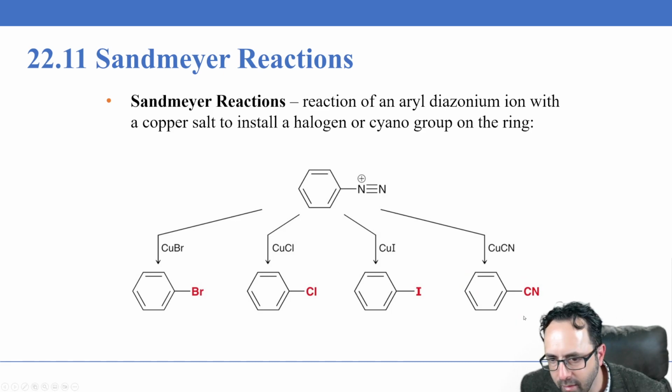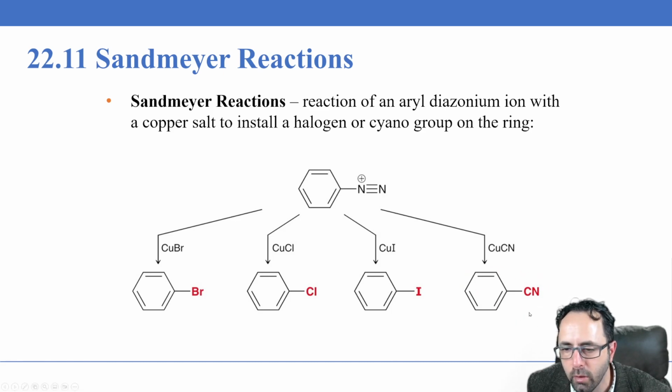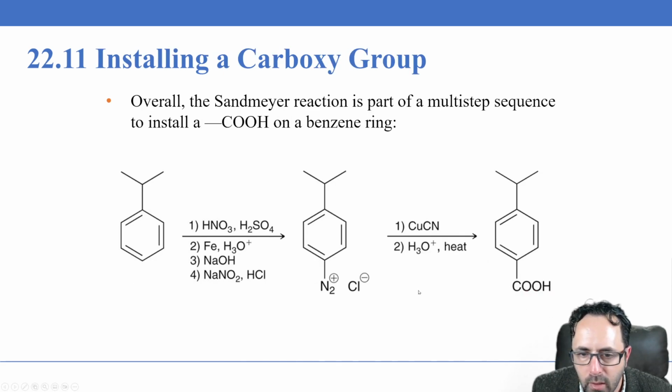And the cyanobenzene, as we recall, can further undergo reactions if we treat it with an acid. And so there is a whole system in place here that we can make a carboxylic acid: we can treat with nitric acid and sulfuric acid. That first step is going to make for us the amine.